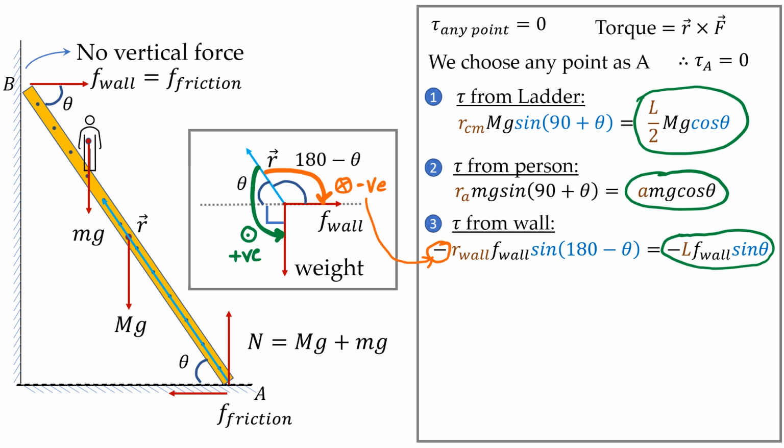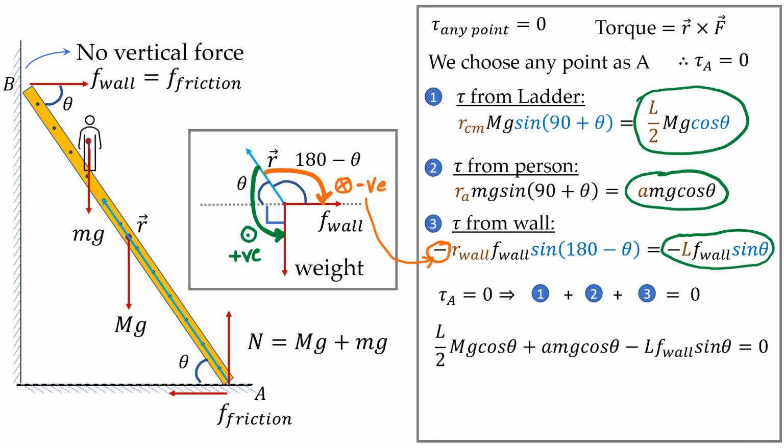Now all the torques combined give 0 because the system is static and there is no rotation. This gives the following equation, which with a bit of algebra gives the force of wall. And that is the final answer to the first part of the question.